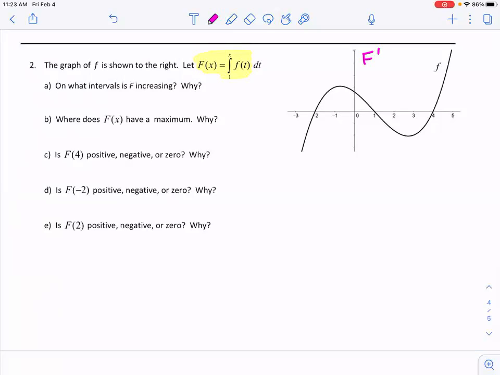On what intervals is big F increasing? What would you say? What characteristic are we looking for in this graph for big F to be increasing?